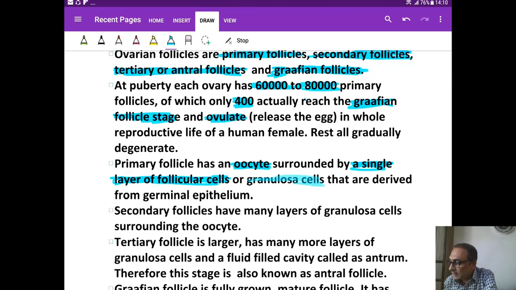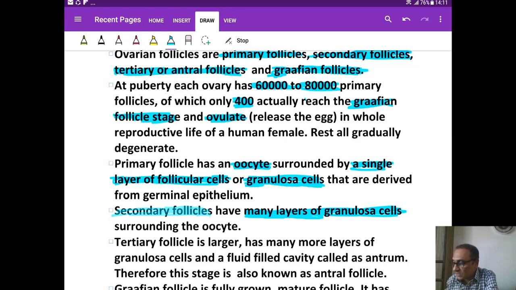From where are these cells coming? Yes, from the germinal epithelium that surrounds the oocyte. So if a single layer is there, that is the primary follicle, and then when the layer of the granulosa cells increases and they form many layers, the follicle turns into a secondary follicle.